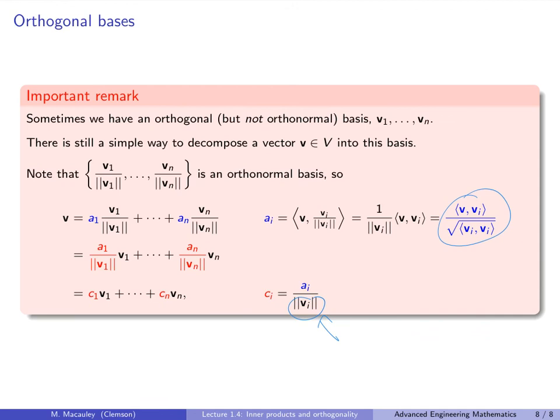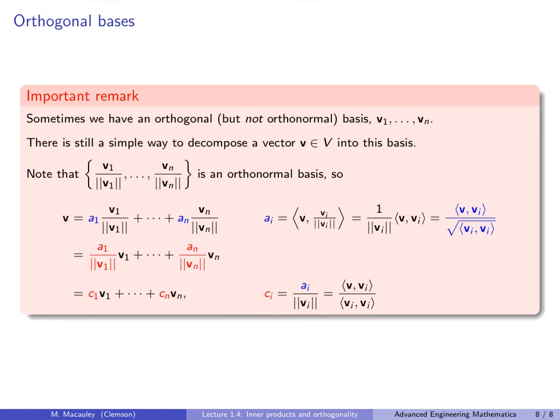That's just the square root of vi dot vi. So what happens if we tack on an extra root of this down here? Well, then the square root goes away. So we just get v dot vi over vi dot vi. So there is our formula for the ci's.